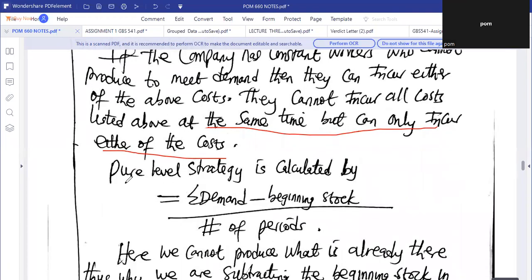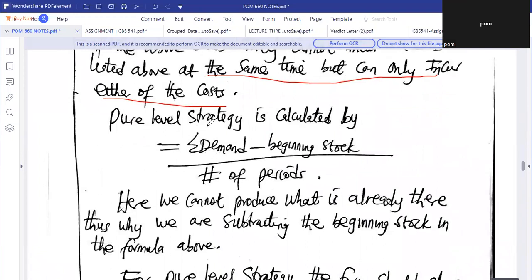All right, now, when finding the pure level strategy, the formula is given by the summation of demand. So this is just the sum of demand, minus the beginning stock, then over the number of periods.